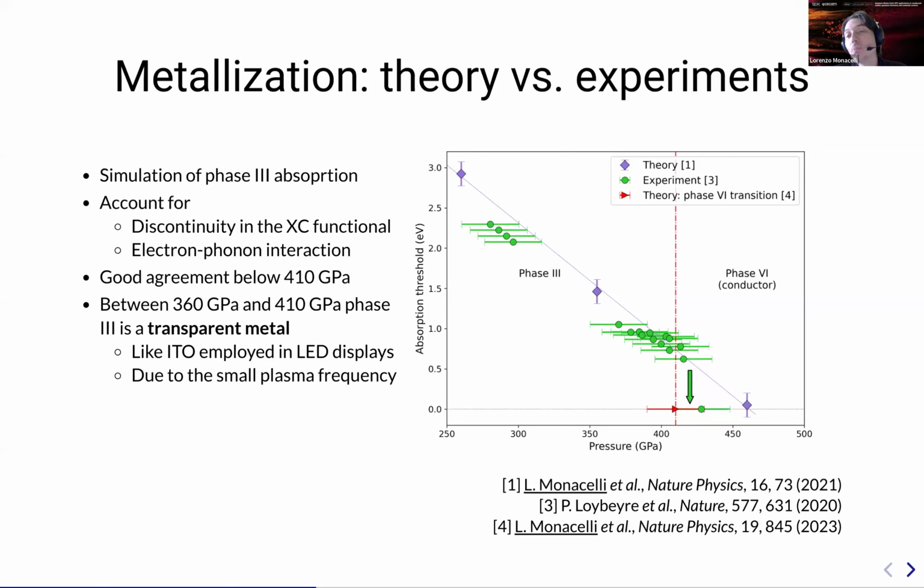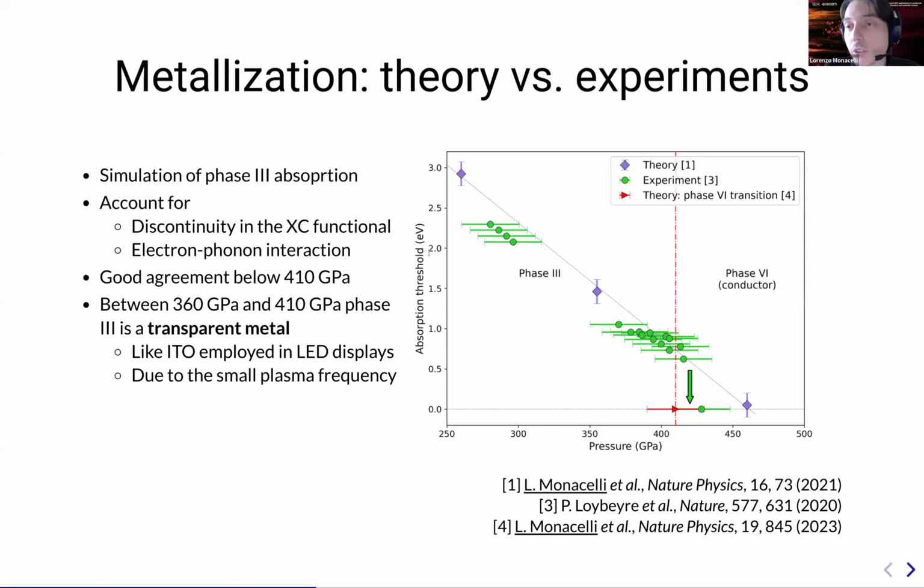The reason both indium tin oxide and high-pressure hydrogen are transparent metals is that they have a very small plasma frequency. In the case of hydrogen, it is because of the presence of interband transitions that push the plasma frequency down a lot.